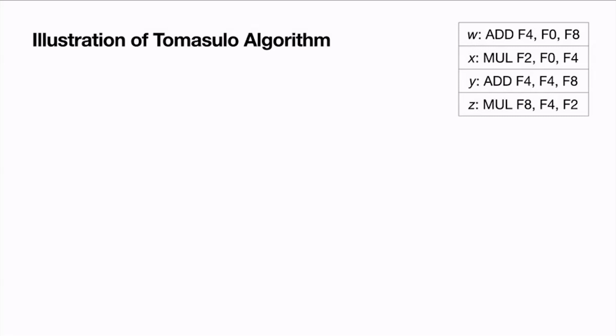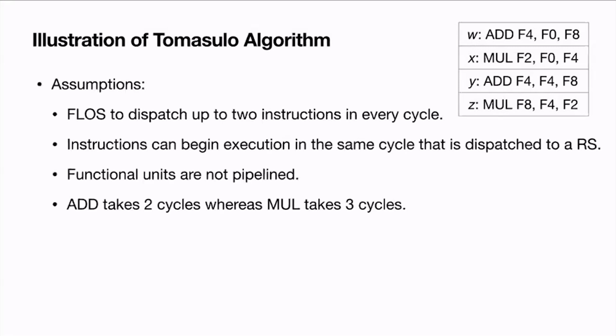Now we'll see how this is computed using the IBM 360/91 model of floating point unit. We made some assumptions here. Our FLOS is going to dispatch up to two instructions in every cycle, because we have 2 floating point units, one adder and one multiplier. If we have 2 operations, one add and one multiply, we can schedule both. But if we have 2 add operations, then we can schedule only one.